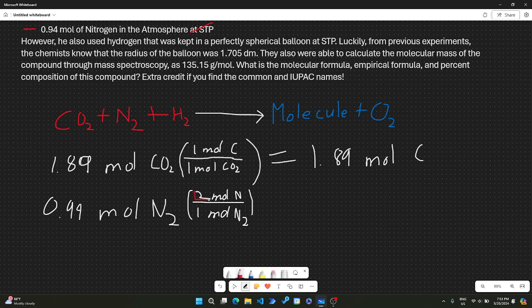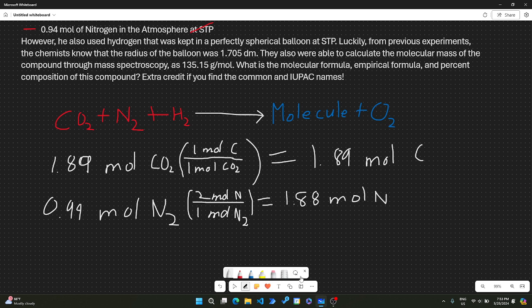We have our 2 here, and this 2 came straight from the subscript 2 for nitrogen, because this is the same thing. And that's where it comes from, because we're trying to find moles of nitrogen this time. And this is going to be equal to 1.88 moles of nitrogen.